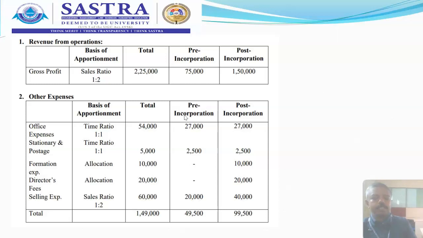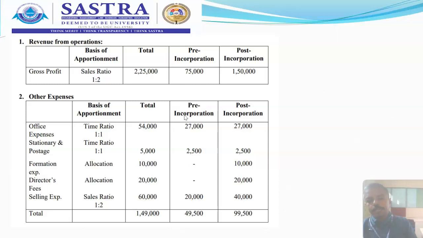To sum up this, you get rupees 49,500 under the pre-incorporation period. These are expenses.